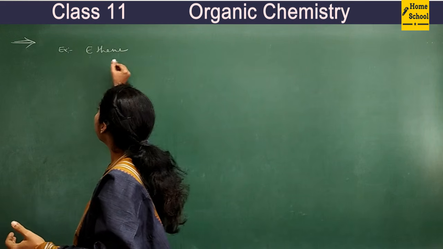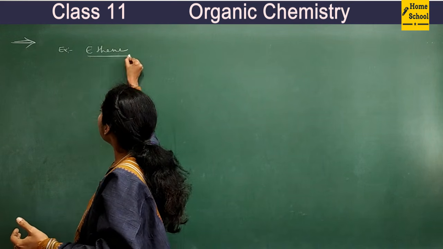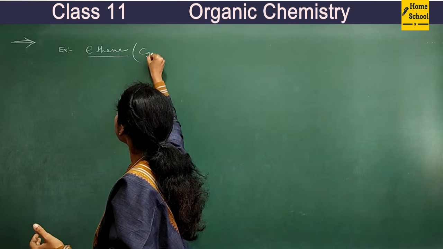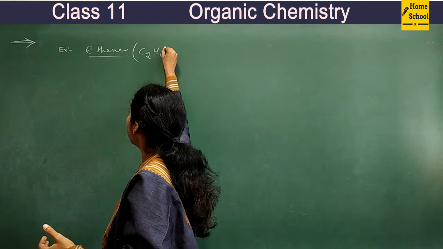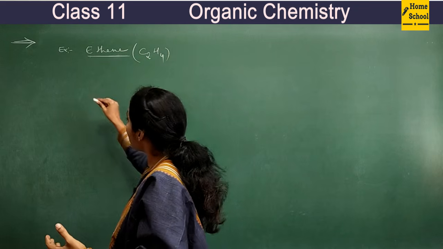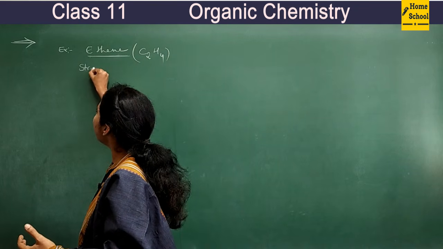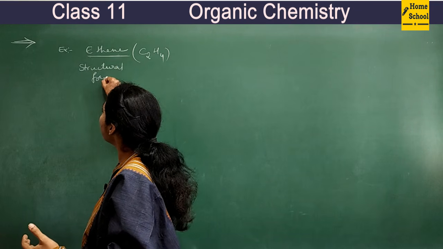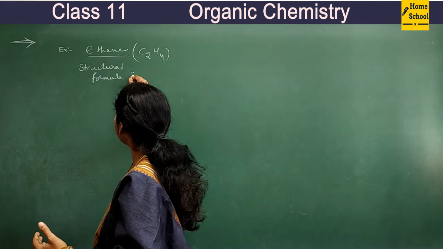Ethene. How do you write the ethene formula? We will normally write it as C2H4, isn't it? How do you write its structure? If I ask you to write its structural formula, how do you write? All that you must have learnt in your class 10.